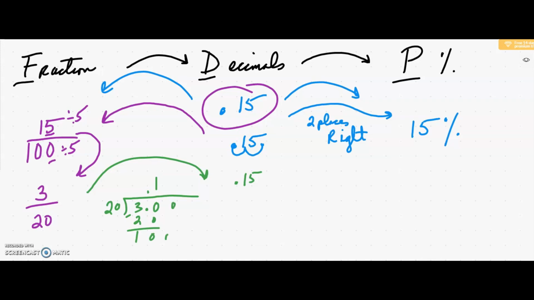Add a 0. Bring it down. How many 20s in 100? 5. And there's your decimal, 0.15. Now I'm going to take my 0.15 and go back in this direction, and it should get me back to 15% when I move my decimal 2 places to the right.